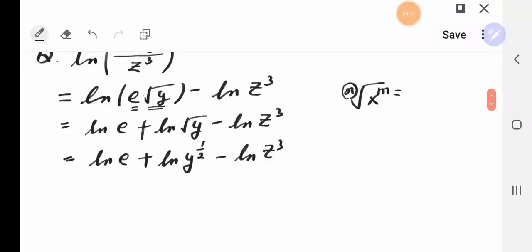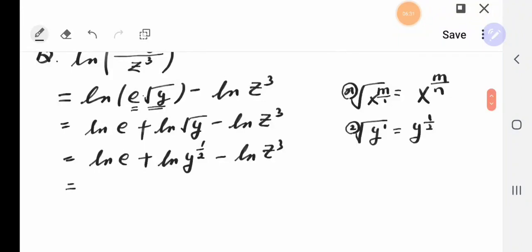This m moves to the numerator and the index n moves to the denominator of the exponent, so x to the power m over n. Same thing, square root of y: this is a square root, so index 2 is hidden, and it moves to the denominator of the exponent. So it will be y to the 1 over 2.